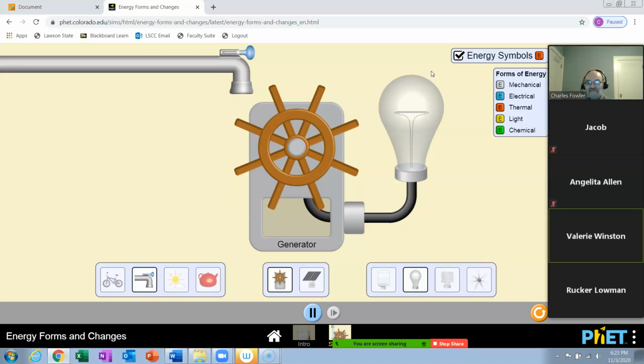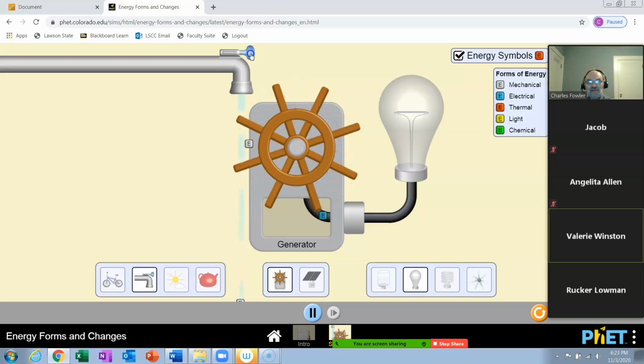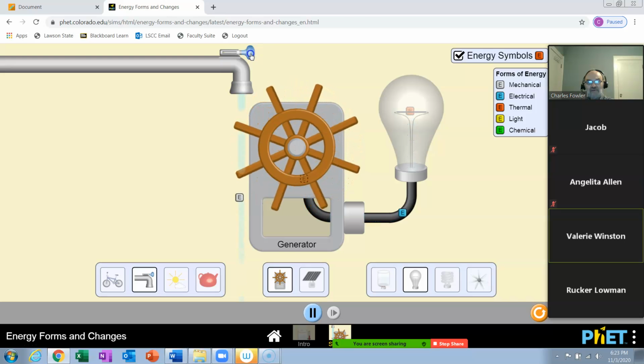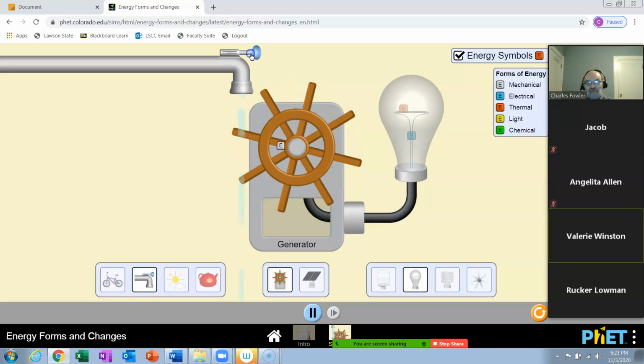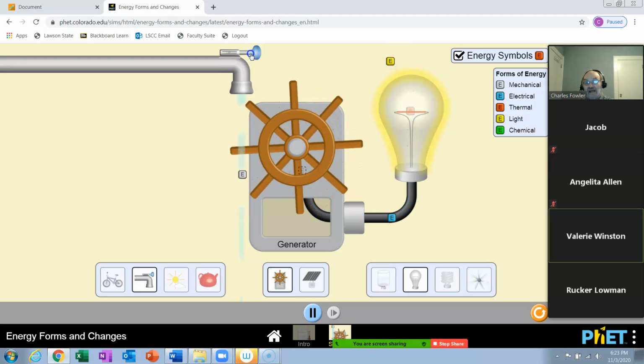What kinds of energy does the bulb emit? Yeah, and that's what I was just answering. What kind of energy does the bulb emit? It takes in electrical energy. It becomes red thermal energy. And what does it give off? Light and heat.